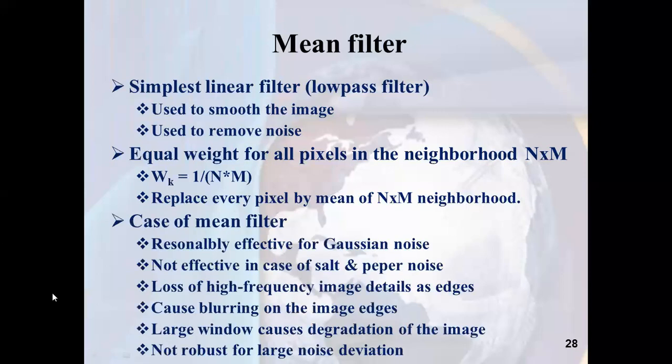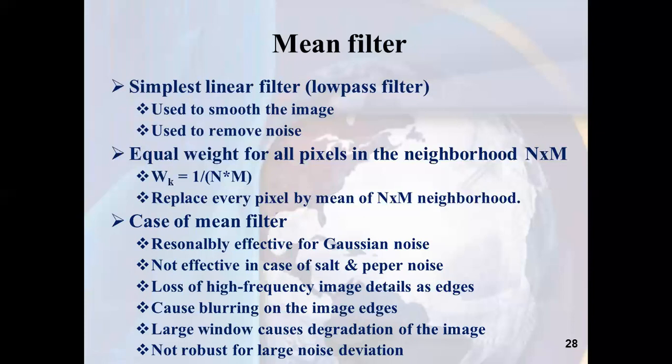So the mean filter is reasonably effective for Gaussian noise, but it's not effective in the case of salt and pepper noise. So for Gaussian noise, the mean منيح, but for salt and pepper noise, it's not good. Why? Because إذا عندي أنا pixels بالغلط بيضة 255, لما عم بجمع البيكسلز وبقسمهم على n times m, this value of pixel will affect its neighborhood.